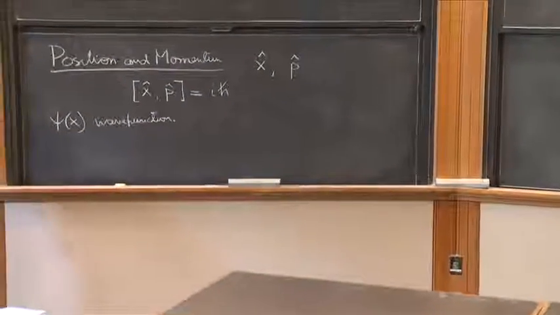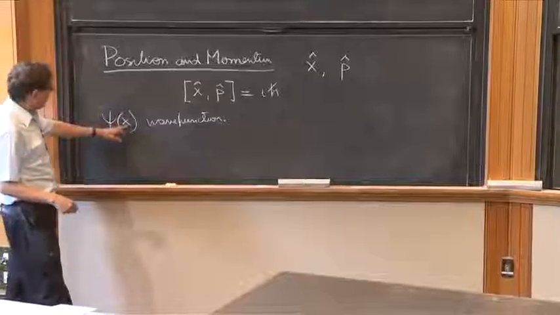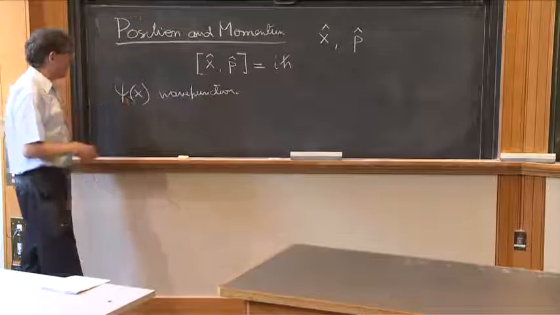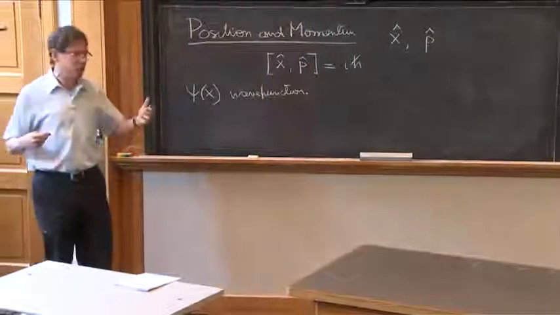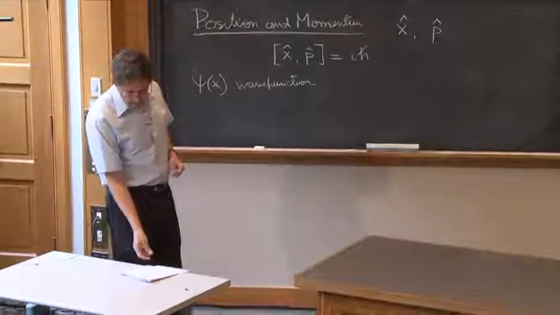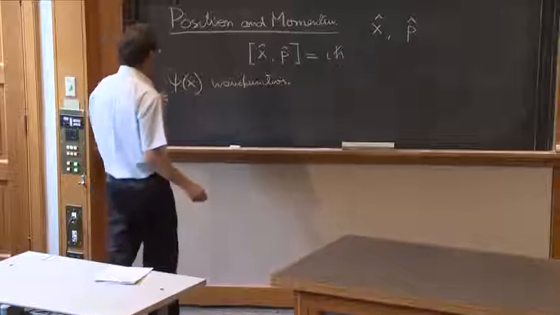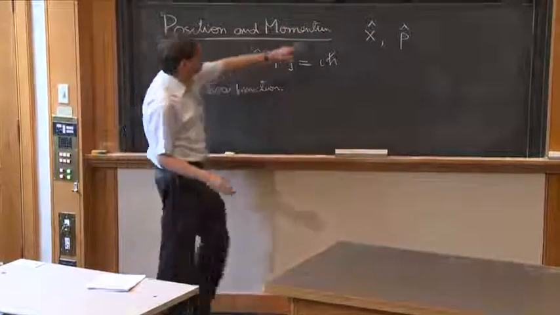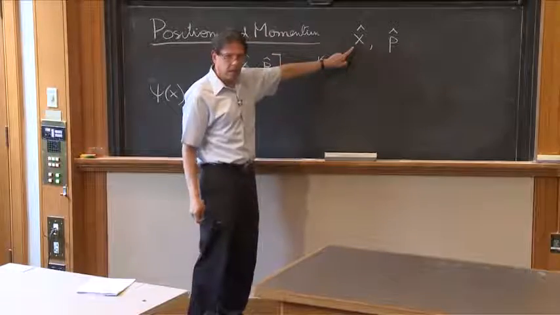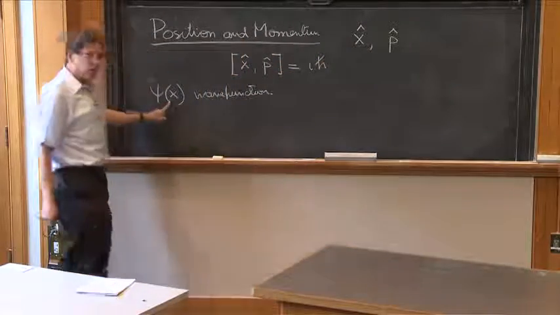Now, this wave function means that we're treating x in a particular way, and we say that we're working in the x representation, the position representation. Now, this means that we have an easy way to figure out what this operator does when it acts on this function.